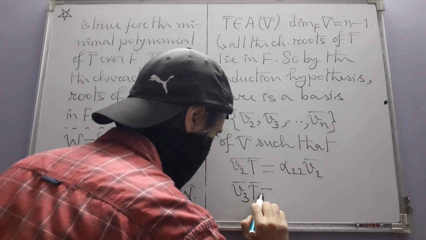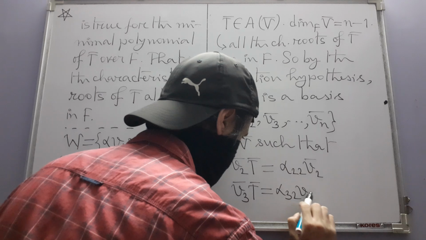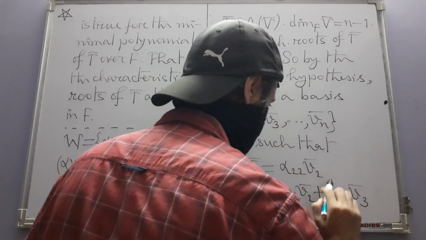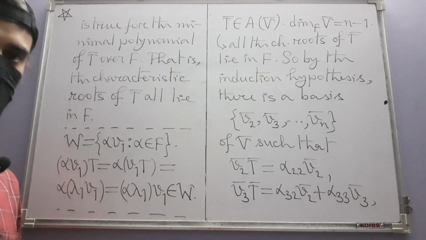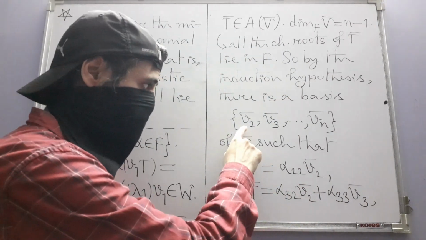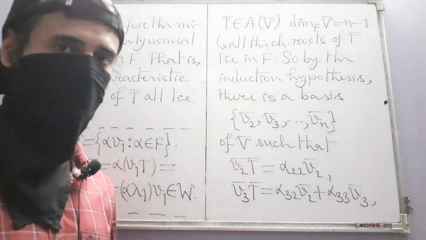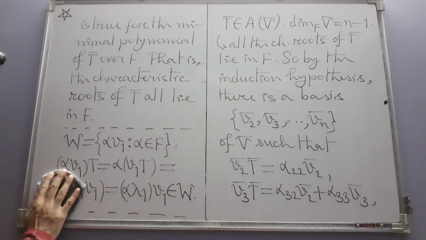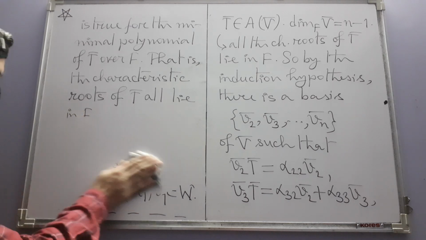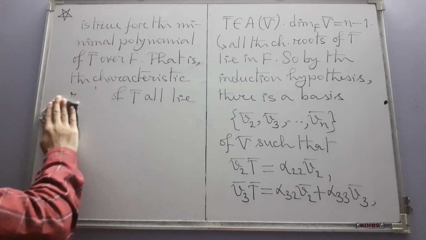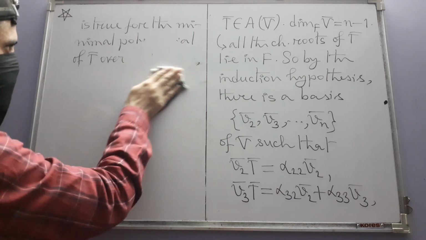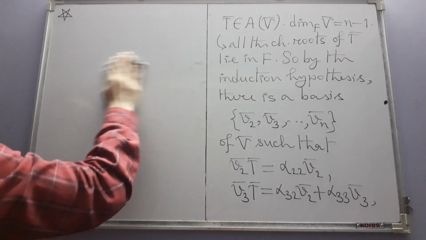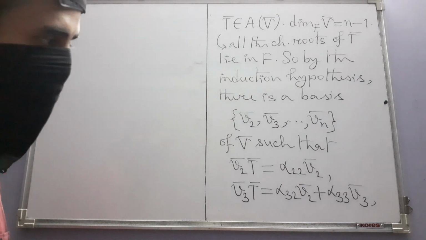V3 bar T bar is alpha 32 V2 bar plus alpha 33 V3 bar. These equations may look somewhat strange and the way we have written these vectors may also look a little strange, but we are doing these things so that we ultimately can arrange the things for our final conclusion properly. That's why we have started with 2 instead of 1.